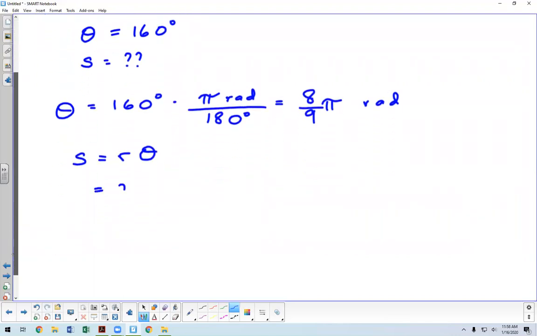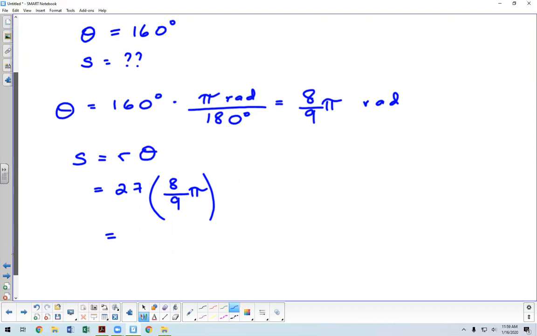So that will be radius of 27 inches multiplied with 8/9 pi radians. And like I said, for this one, you can do a decimal approximation if you like. Since in our example the answer was rounded to 2 decimal places, we'll use that same rounding here.